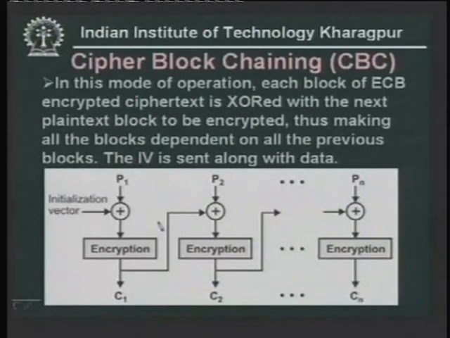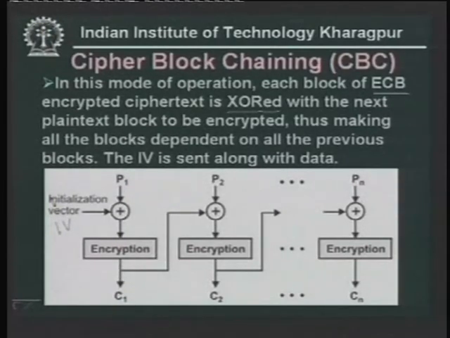So, to overcome this problem, the second approach can be used, which is known as cipher block chaining, CBC. In this mode of operation, each encrypted ciphertext block is XORed with the next plaintext block to be encrypted. For example, here initially a random number is chosen, which is known as the initialization vector or IV.